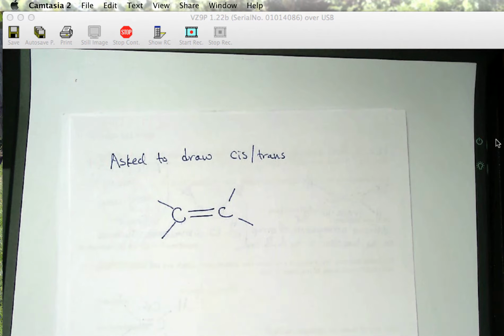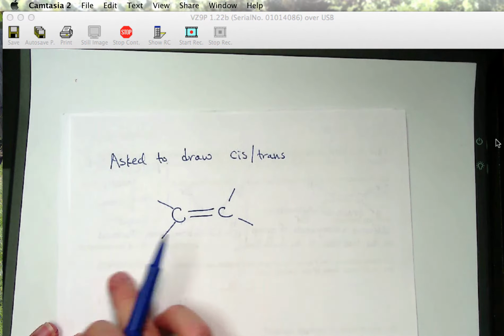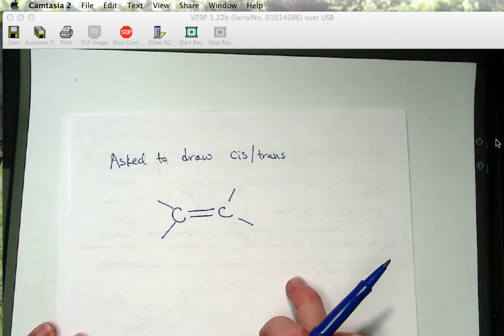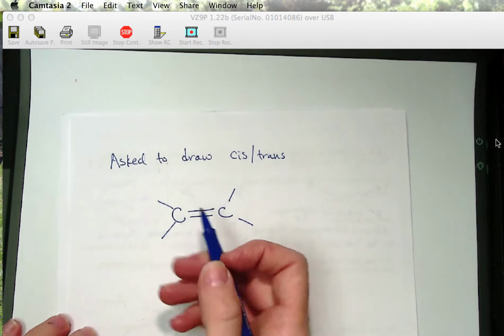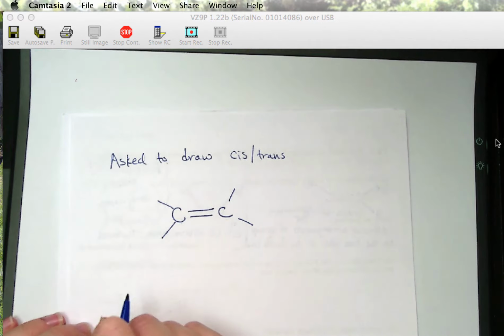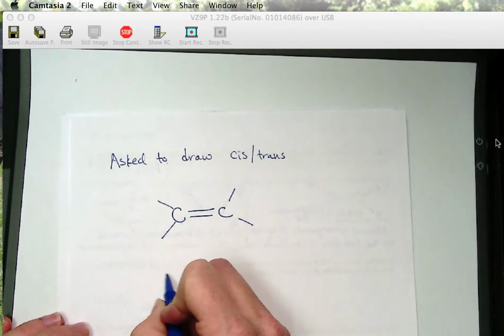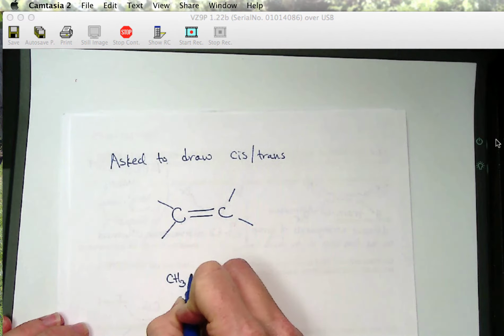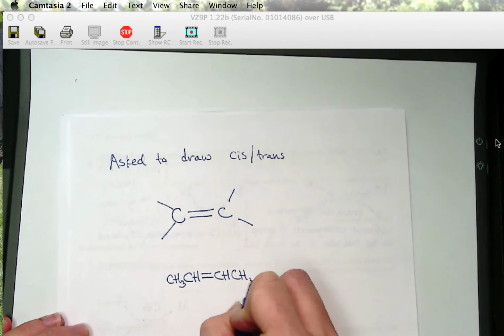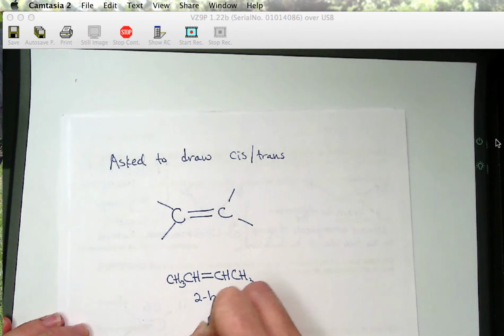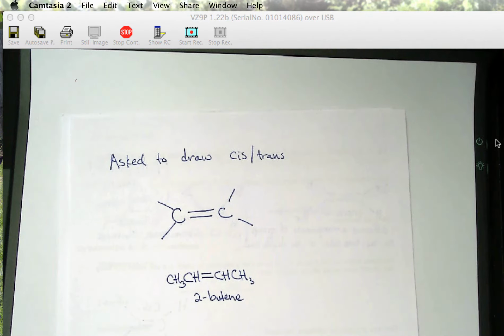Sometimes it helps to have just your condensed structural formula written out, and then you can zoom in on that double bond. Let's say I have 2-butene. The way it's drawn, you can't tell whether it's cis or trans.